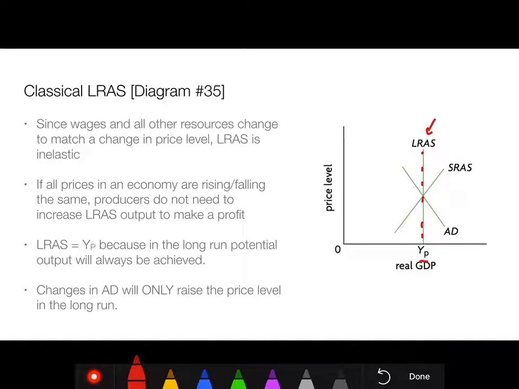It basically means that supply in the long run is irrespective of price level. Supply will continue to match the potential level regardless of the price. So if all the prices in the economy are going up or down the same, producers don't need to increase long-run aggregate supply to make a profit. They're able to produce at long-run aggregate supply at a potential level.